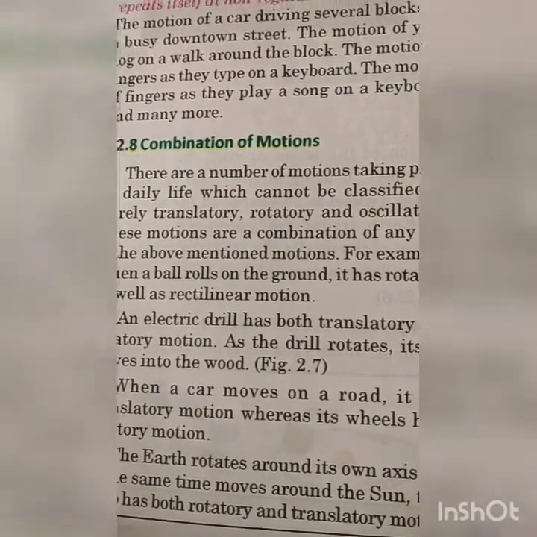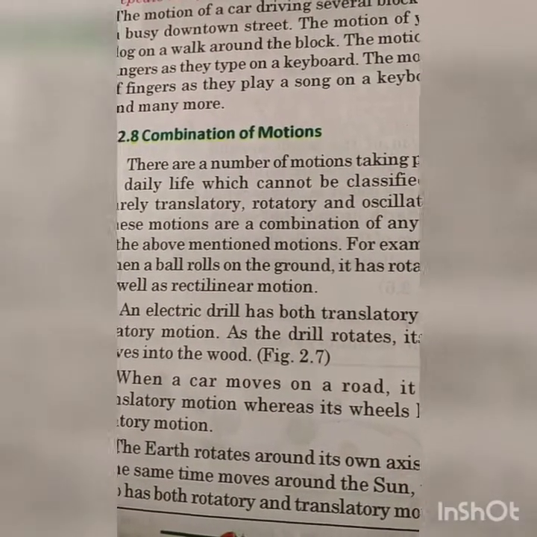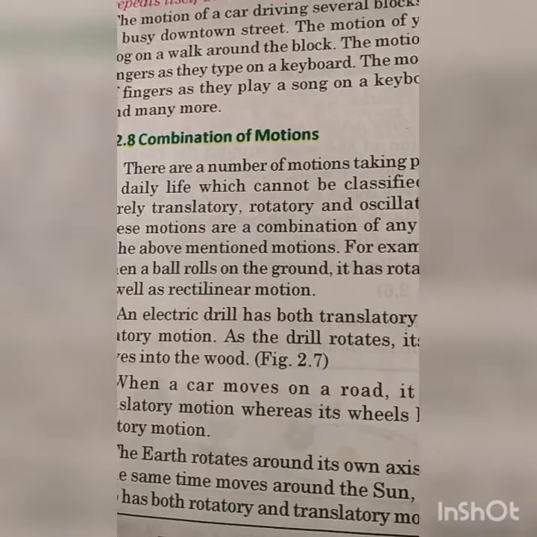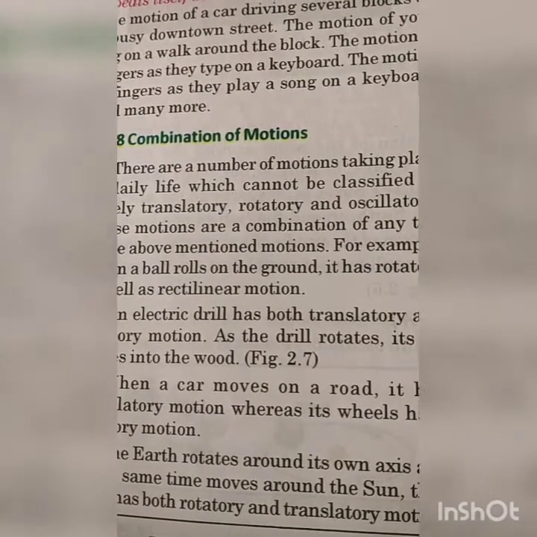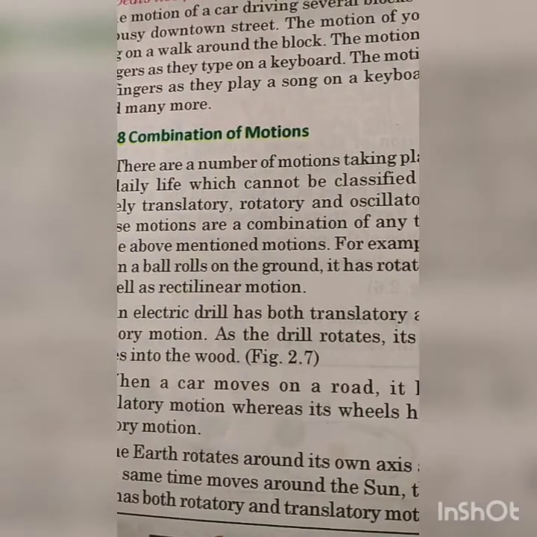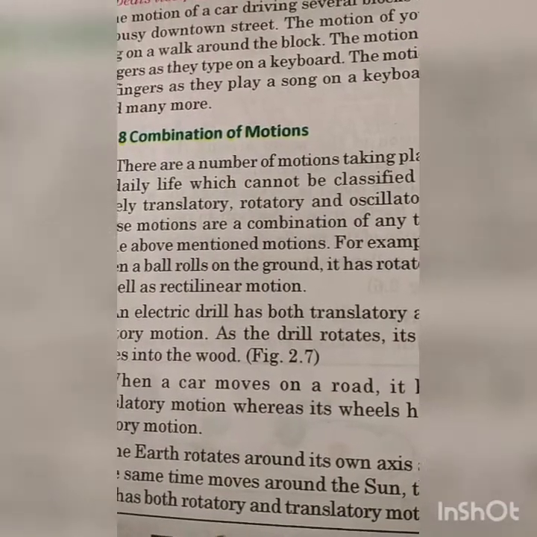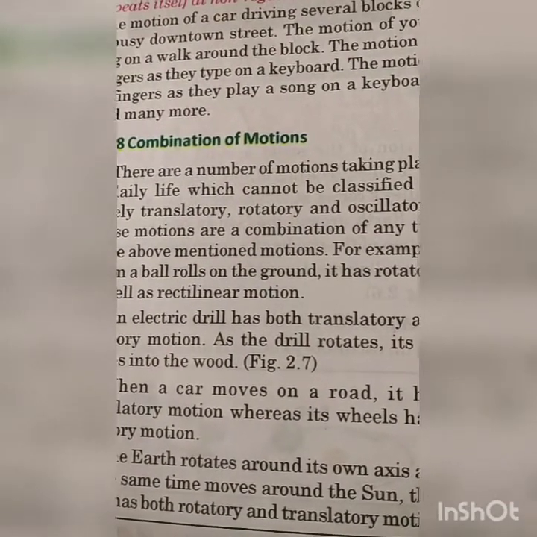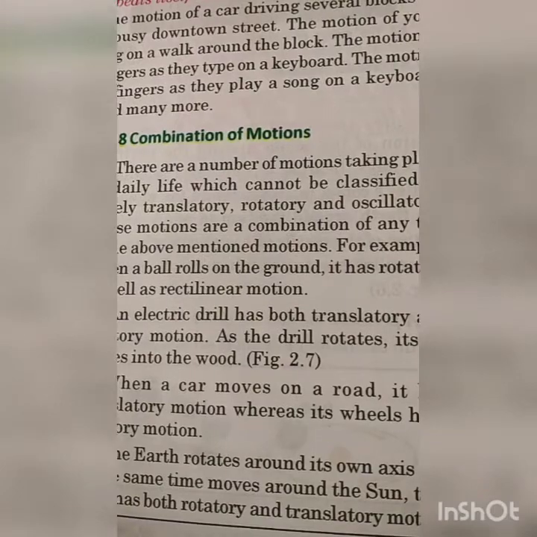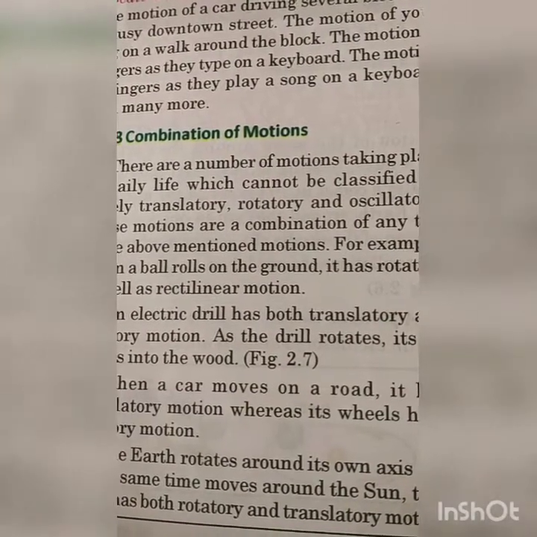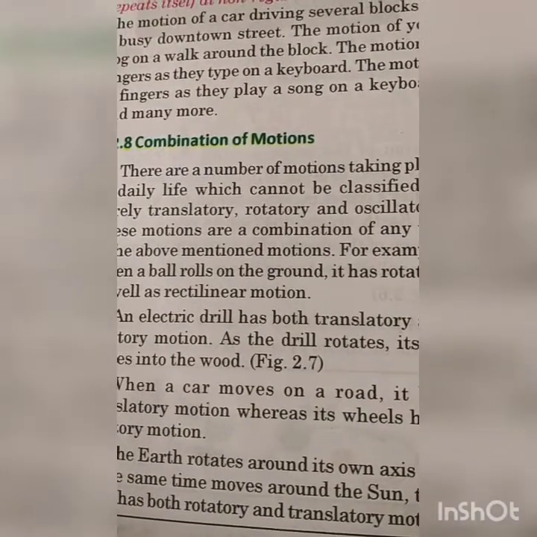So two types are there. Same way, the planets rotate around their axis also and revolve around the sun also. So two types of motion are always there. So that is the combination.